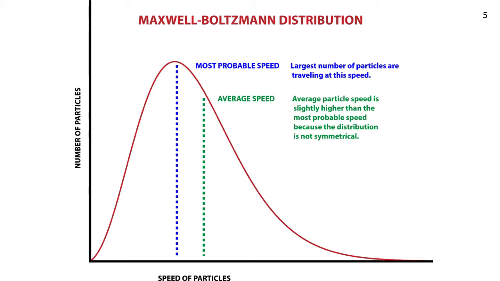It's a bump that dips down on the left and dips down on the right. Over on the left are the slower molecules, and over on the right are the faster molecules. We've measured this, and we know it's accurate. It's a theoretical curve that we've been able to verify fairly well.